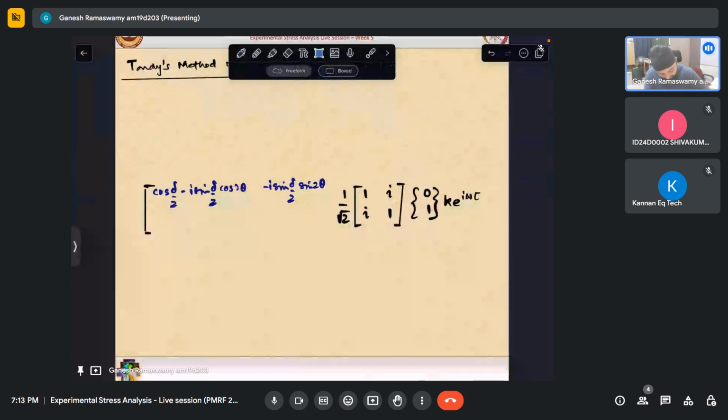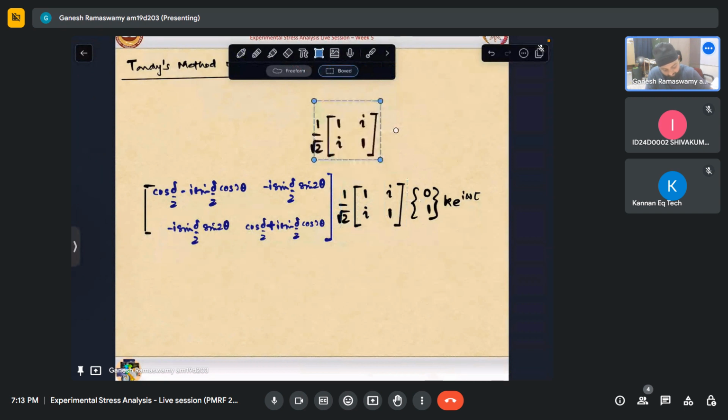This is the same. This is just the opposite. Let us say this is my model. Then I have another quarter wave plate. Since I cannot write it in one line because of space constraints, I'm writing it like this.